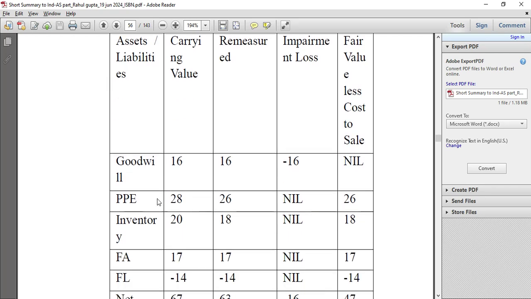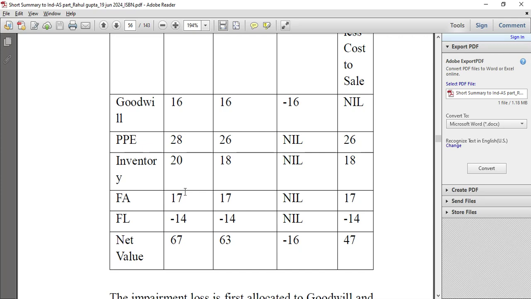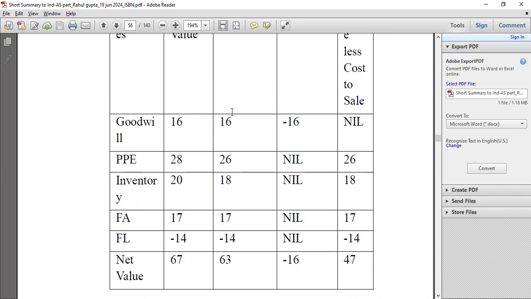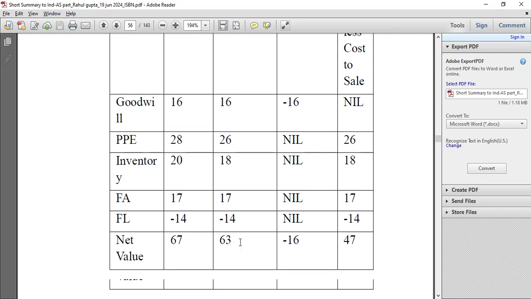So here we look at it. Goodwill 16, PPE 28, inventory 20, financial assets 17, financial liabilities 14, net value 67. Remeasurement: goodwill 16, PPE 26, inventory 18, financial assets 17, financial liabilities minus 14, 63 million.